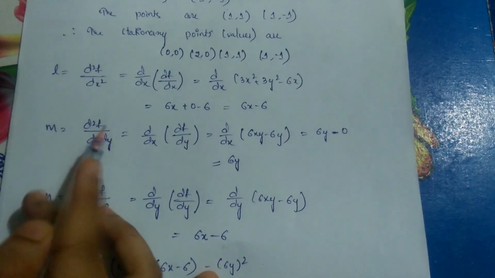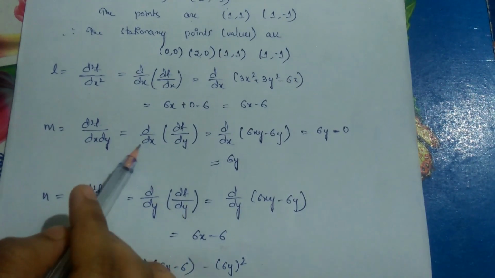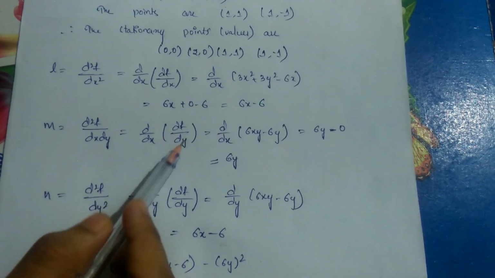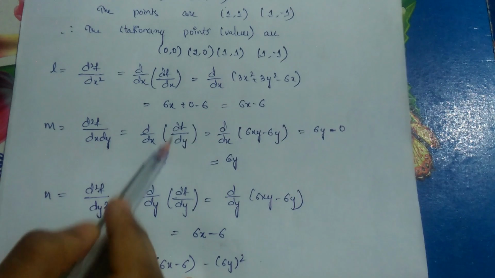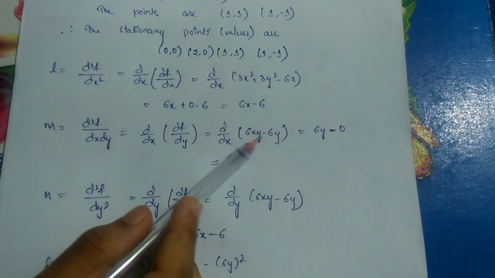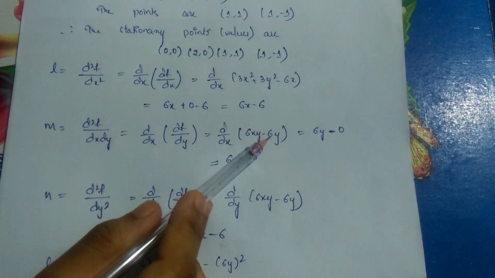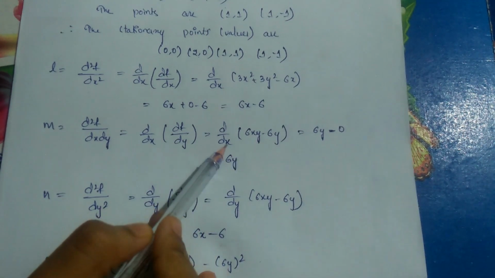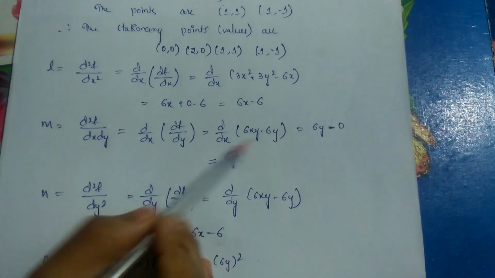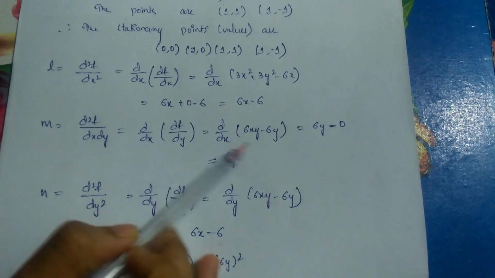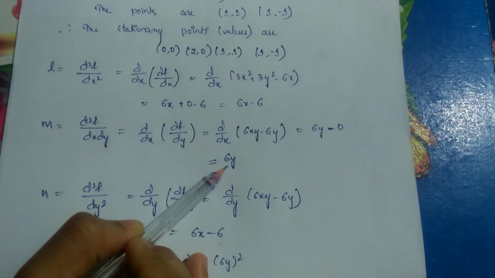Similarly, M is dou square f by dou x dou y, and that equals dou by dou x of dou f by dou y, and that is dou by dou x of this function 6xy minus 6y. Now 6xy derivative with respect to x is 6y, and minus 6y derivative with respect to x is 0. So 6y minus 0 is 6y.